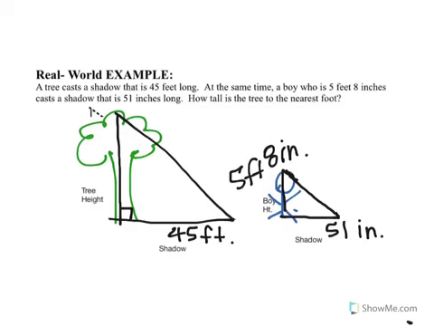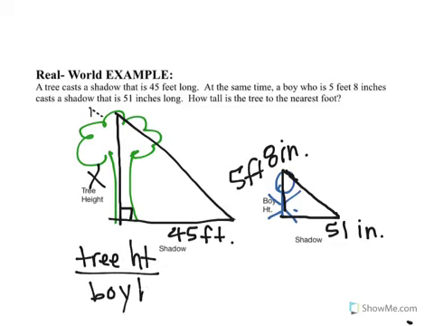How tall is the tree to the nearest foot? So the tree's height is what we need to know. So we can set it up just like we did a while ago. We can have tree height over boy height would equal tree shadow over boy shadow.